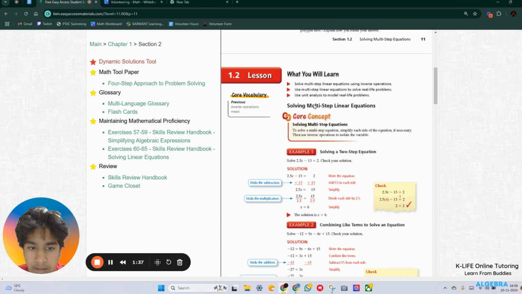Our core concept is that to solve a multi-step equation, you need to simplify each side of the equation if necessary, and then use inverse operations to isolate the variable. Remember how I talked about isolating the variable last lesson? We're implementing that again.